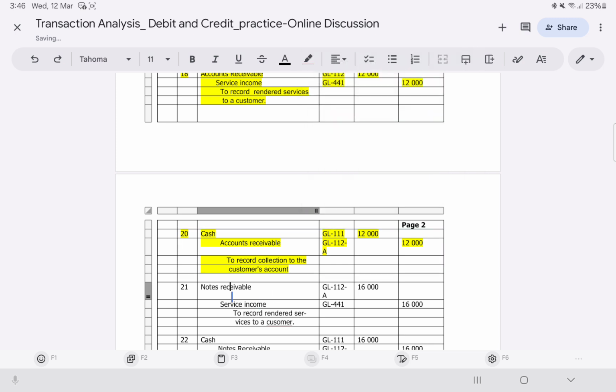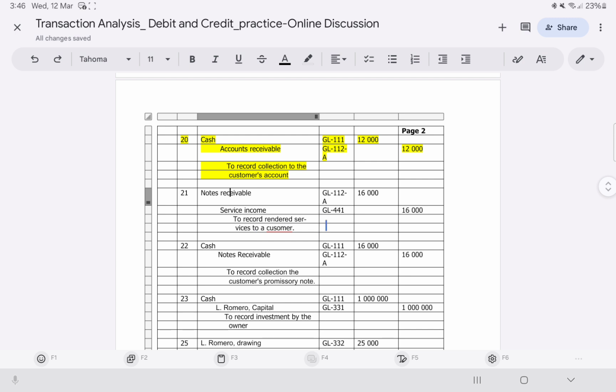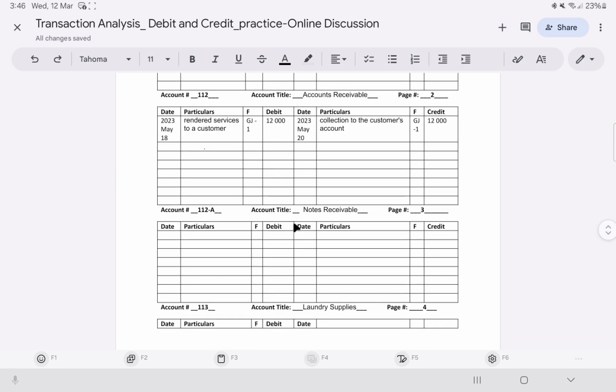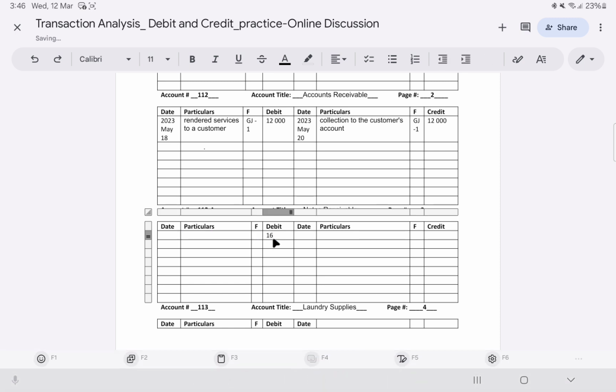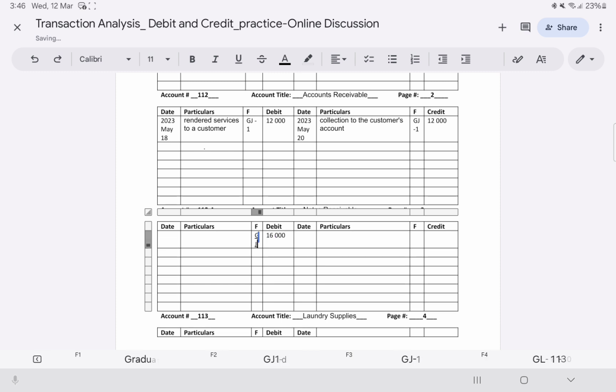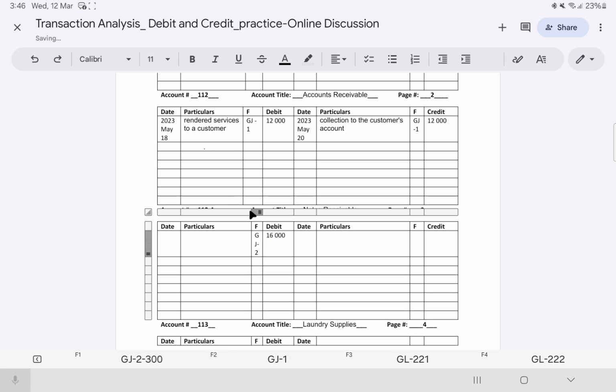So let's proceed to transaction 21. Notes receivable is our debit, 16,000. JG2, this is page 2 already.